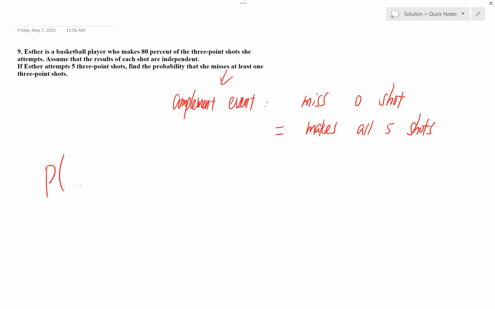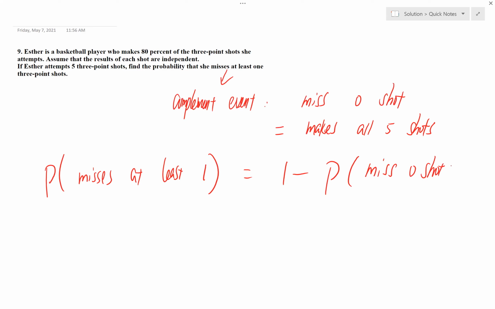So probability of at least 1 miss is equal to 1 minus probability of misses 0 shot. Another way of saying that is make all shots. So it's 1 minus probability of makes all 5 shots.